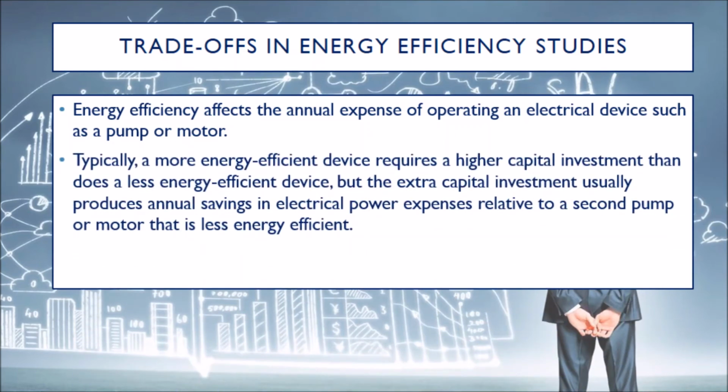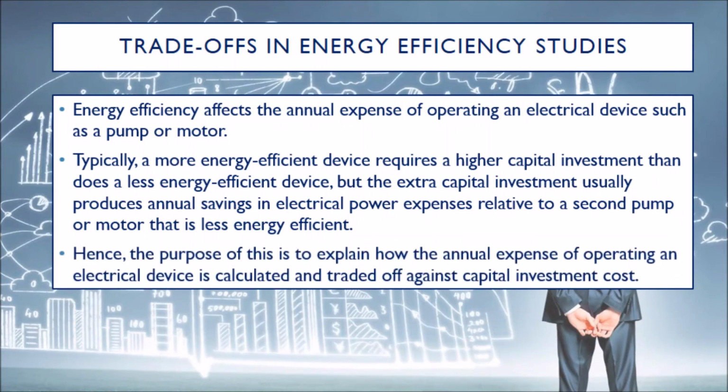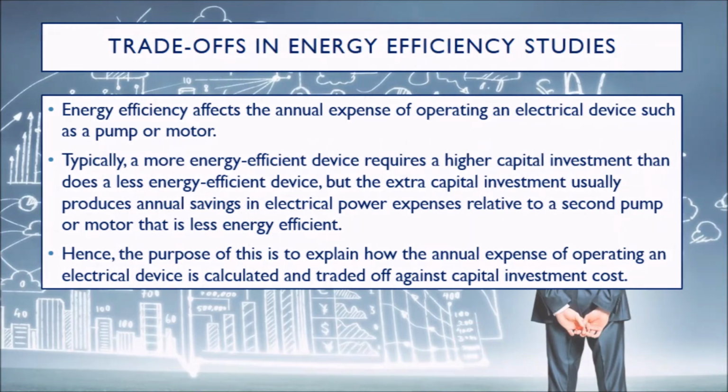Typically, a more energy efficient device requires a higher capital investment than does a less energy efficient device, but the extra capital investment usually produces annual savings in electrical power expenses relative to a second pump or motor that is less energy efficient. Hence, the purpose of this is to explain how the annual expense of operating an electrical device is calculated and traded off against capital investment cost.